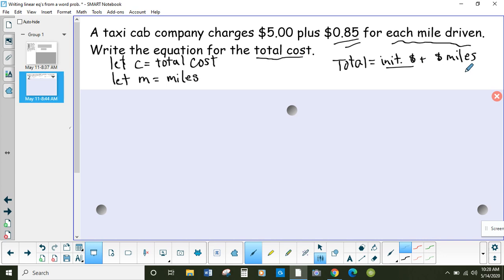They're going to charge you to get a ride, and they're going to charge you extra for each mile. Does that make sense? That would be the total. Just add those two up. Because if it does, you can write this equation. So the total is missing. C. Initial price is $5 and 85 cents each mile means 85 cents times M. So each tells me that's where my letter goes.